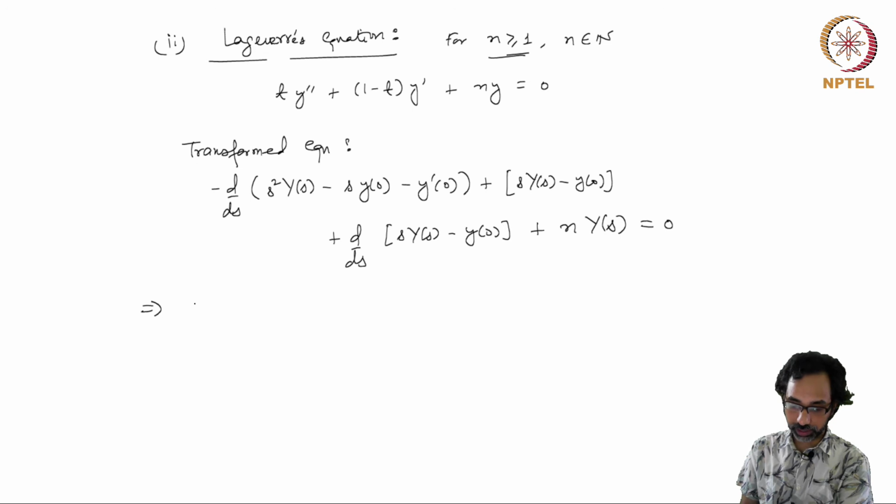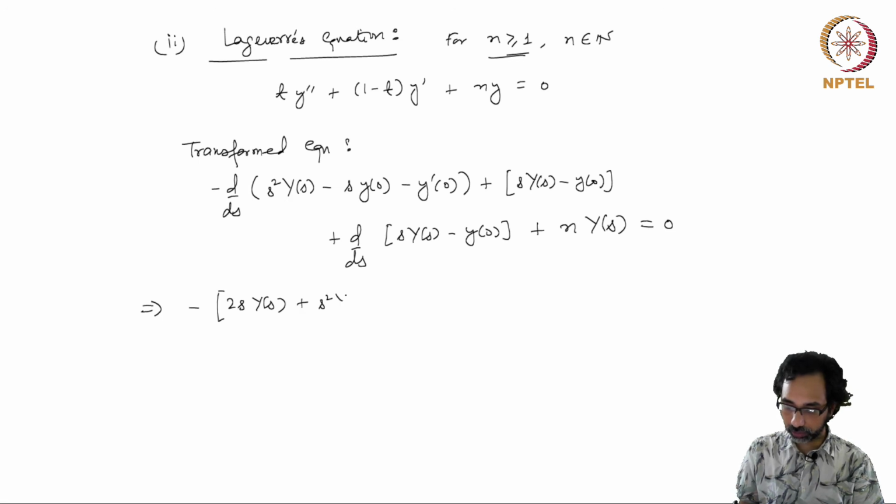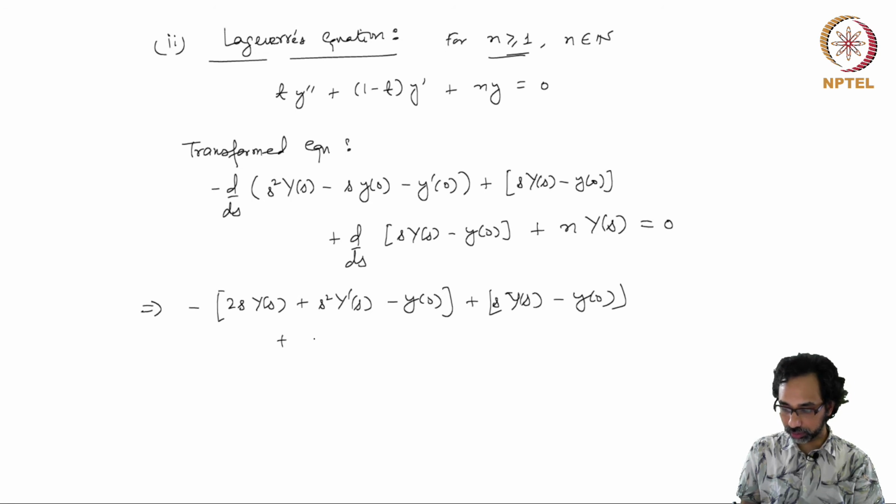So let's see what we get. For the first one you get 2sY(s) plus s square Y prime(s) minus y(0). This is the first term. Then you get sY(s) minus y(0). This is the second term. The third term is sY prime(s) plus Y(s), and the last term is simply n times Y(s).